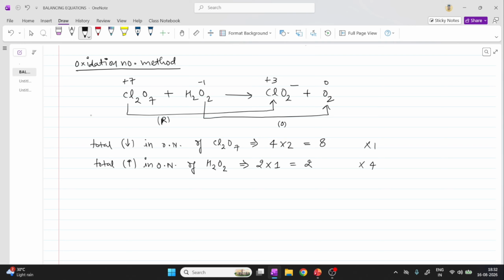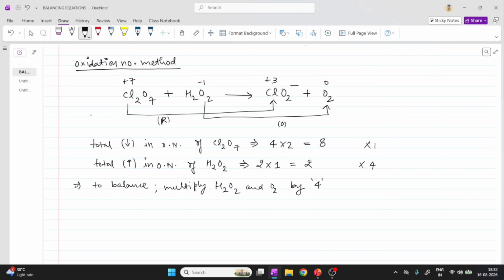So what I'm saying is, to balance, multiply H2O2 and O2 by 4.